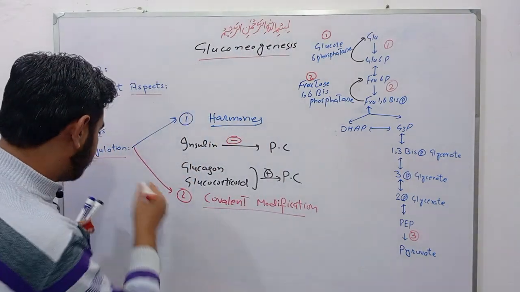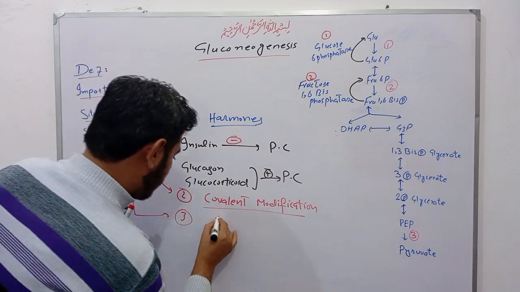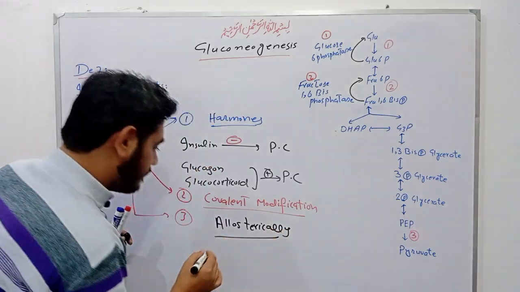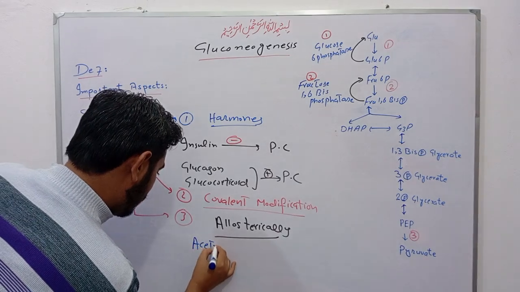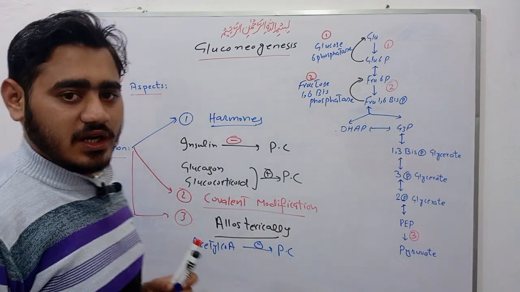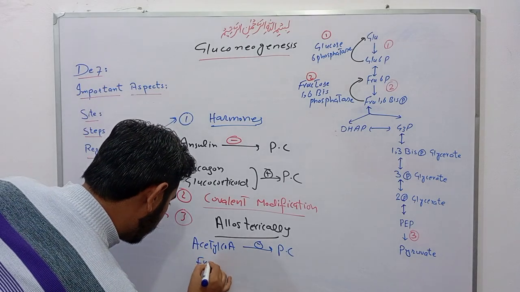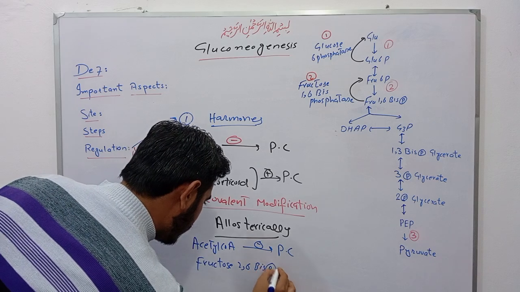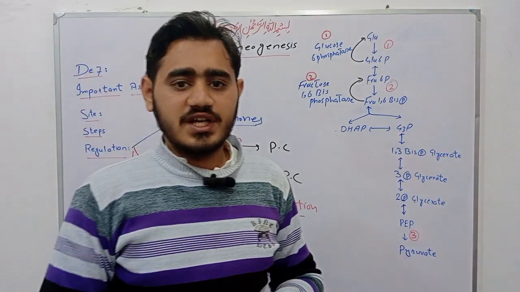The third one is allosteric regulation. Acetyl CoA inhibits pyruvate carboxylase enzyme and then inhibits the gluconeogenesis process, while fructose 2,6-bisphosphate activates pyruvate carboxylase enzyme and favors the gluconeogenesis process.